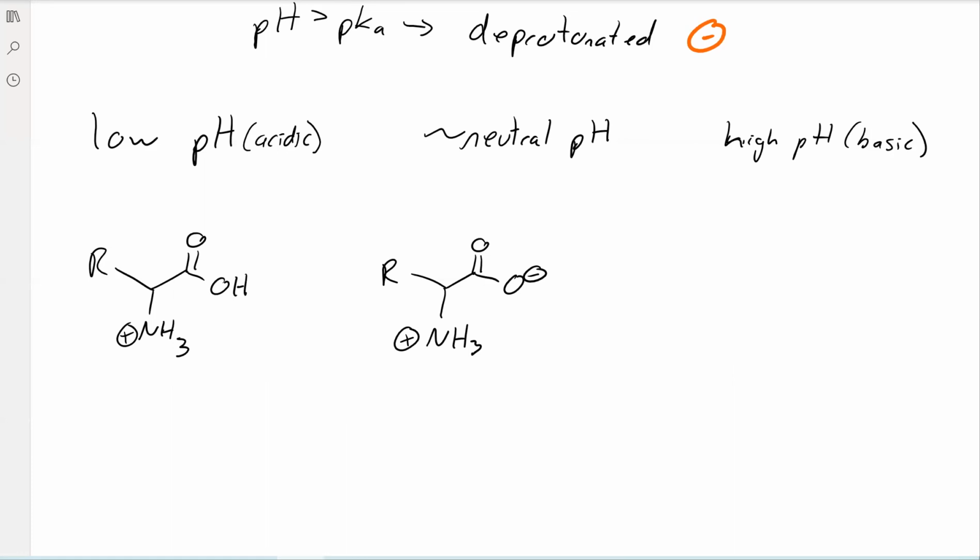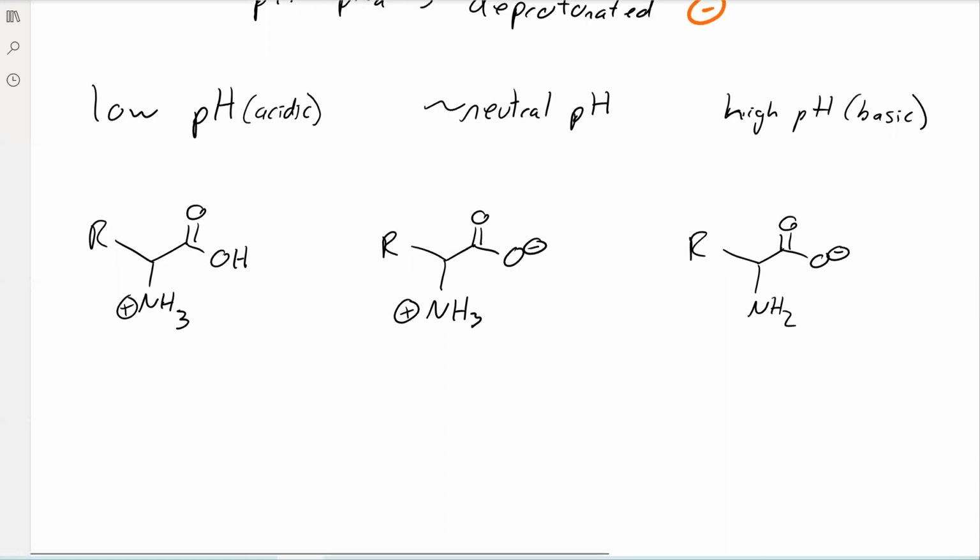You think you're going to deprotonate that positively charged atom first, and that is logical, but that's just not the way it works. And then finally, in high pH or basic conditions, we're going to deprotonate both of them. So this is going to become an O minus, and this is going to become a neutral NH2. It never becomes an NH minus. That is way too strong of a base to exist in the human body.